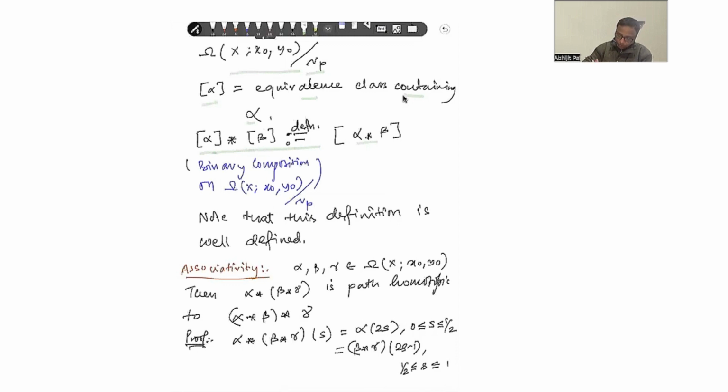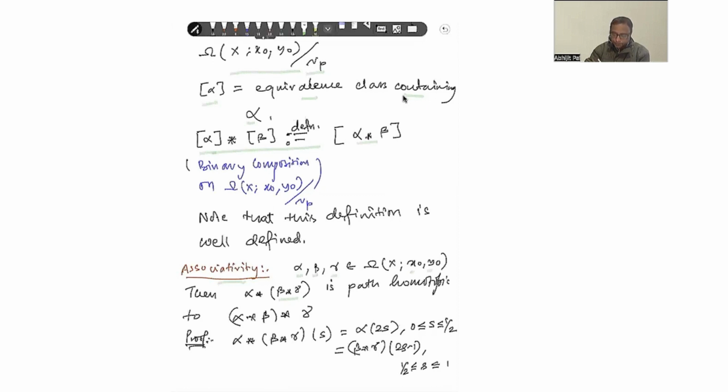And also, we have this property of associativity. So now suppose I take three paths, alpha, beta, gamma, from x0 to y0. So first I'll do this beta star gamma, and then concatenate alpha with this beta star gamma.